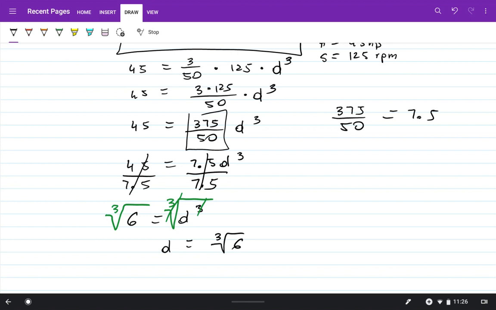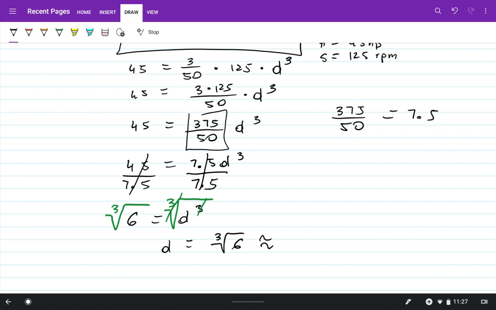Which we're talking about the diameter in inches. So if you tell somebody that diameter equals cube root of 6, they will look at you like you're a little bit crazy. So let's estimate that. So cube root of 6. Make sure that everybody, you may each have a different calculator, but you know where to find the cube root on your calculator.